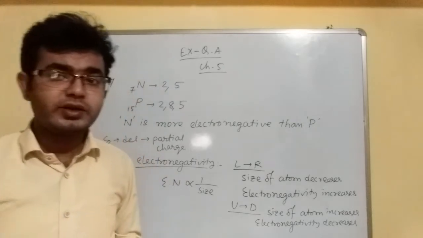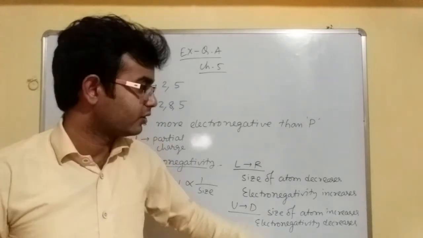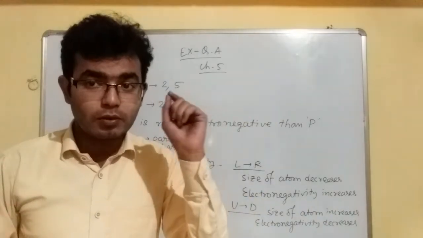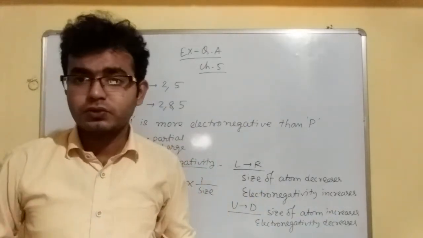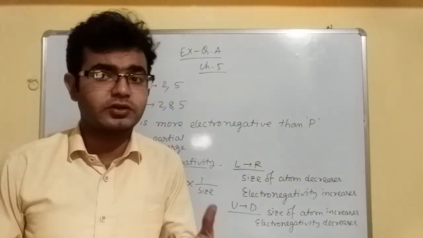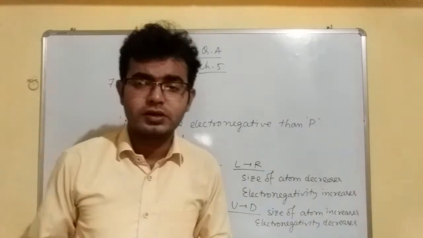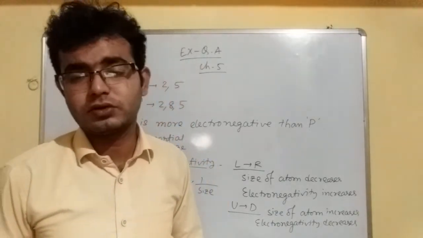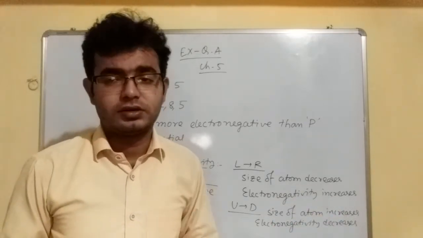So group 1 elements are least electronegative and hence most electropositive, and group 17 elements are most electronegative or least electropositive. So why are we not taking group 18? Because group 18 elements are noble gases, they have the filled octet, so they will not pull the electron. Actually, they will not form the bond. That's why there is no question of whether they will pull the electron pair or push the electron pair.